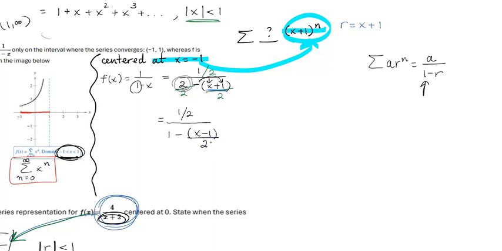Which is fine because I'm still seeing that x plus 1 showing up where the r is. So now let's go back and identify a being 1/2. R turned out to be x plus 1 divided by 2. So now I can fill this in to my power series, the sum from 0 to infinity of a, 1/2, r to the n. That's x plus 1 divided by 2, all raised to the nth power.